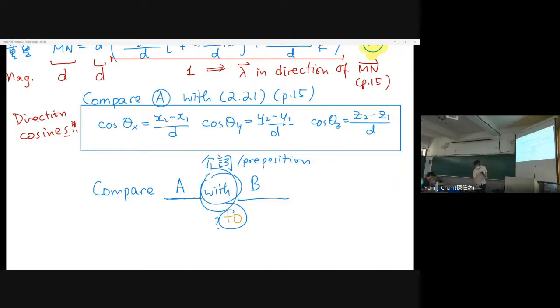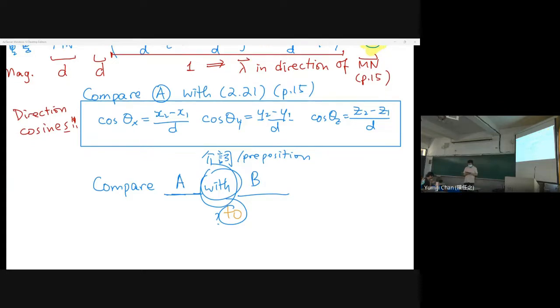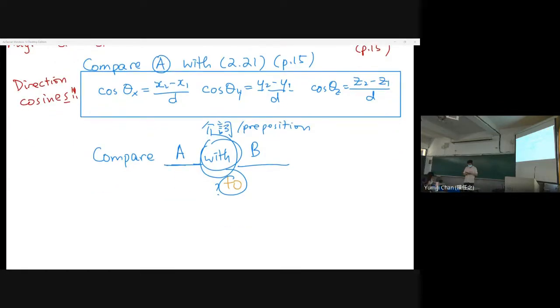Actually, compare A with B and compare A to B have different meanings. So I write it more clearly.